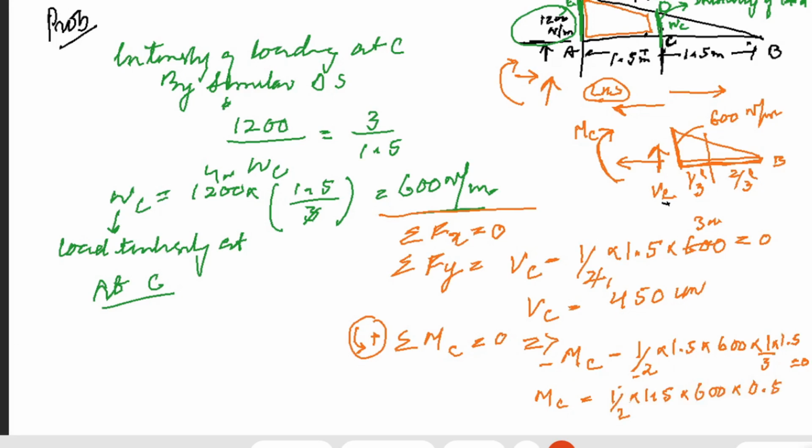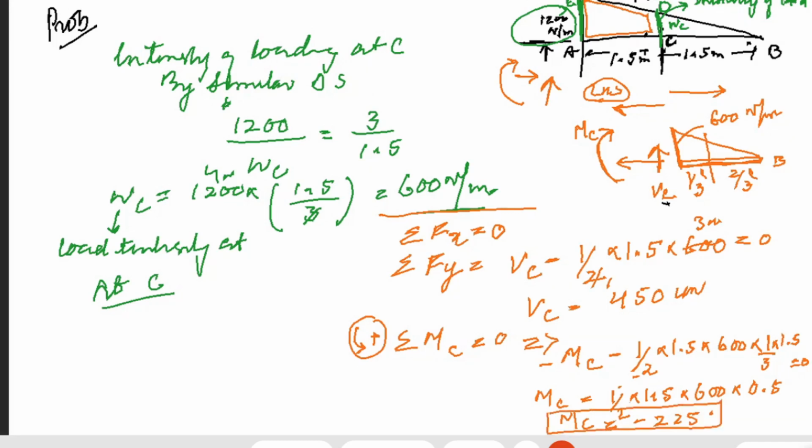So your MC comes out to be equal to minus 225. Why is it minus?